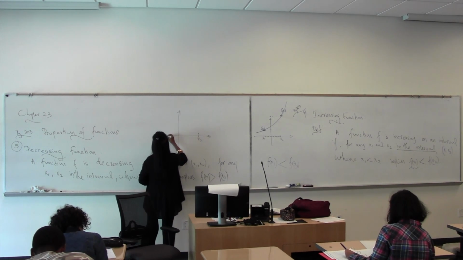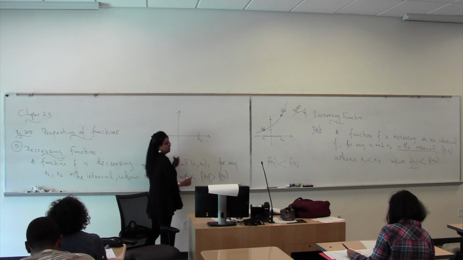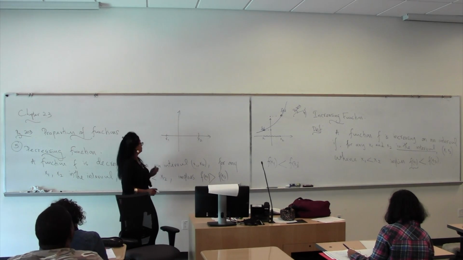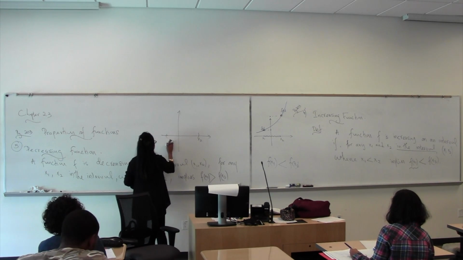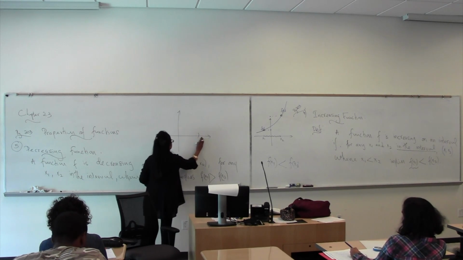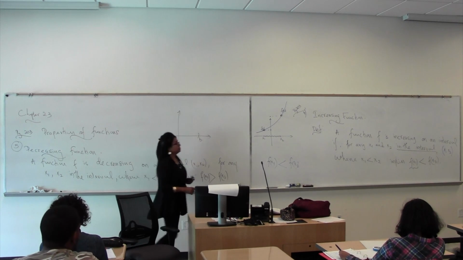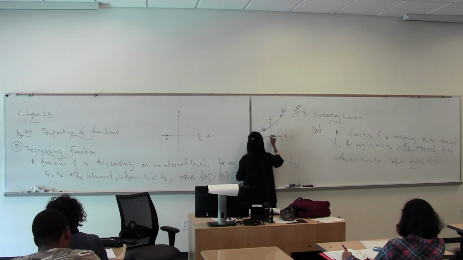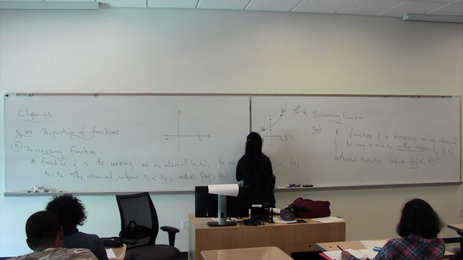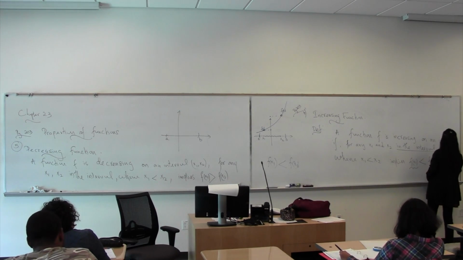You know what, guys, let me do this differently. I'm going to call this interval AB, and x1, x2 inside the interval, okay? So we have an open interval AB. Let's call it that way, that's easier.